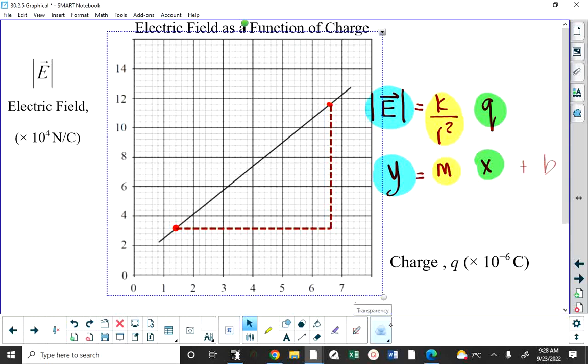We are dealing with vertically the same kind of scale we had horizontally last time. Every square, I believe, is 0.4. 0.4, 0.8, 1.2, 1.6, etc. Don't forget that your rise is times 10 to the negative 4 newtons per coulomb, and your run is 10 to the negative 6 coulombs.